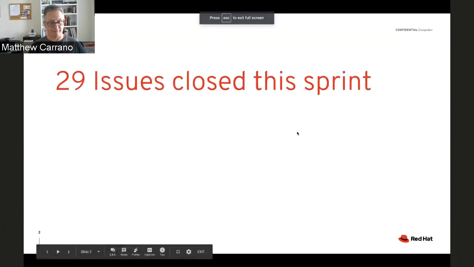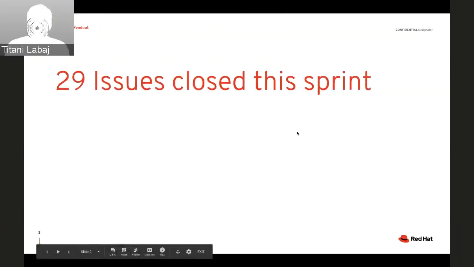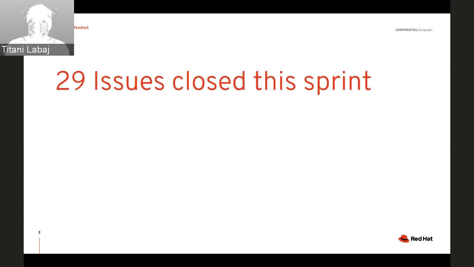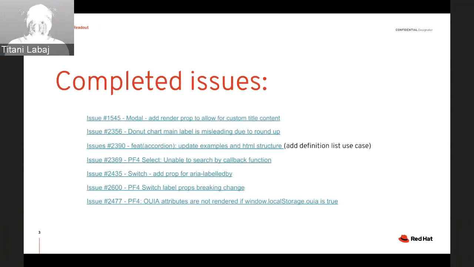All right, so this sprint we completed 29 issues. We completed an issue with the modal to add the render prop to allow for custom title content. Donut chart's main label is misleading due to roundup.